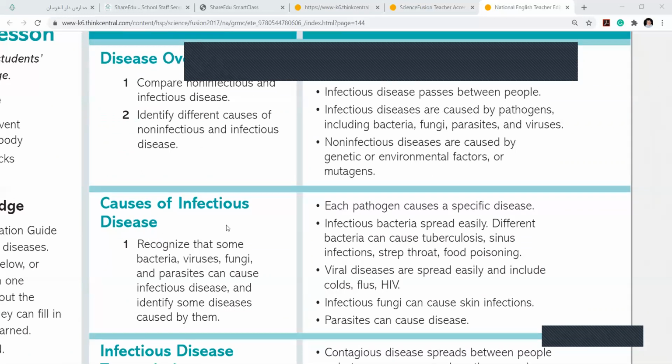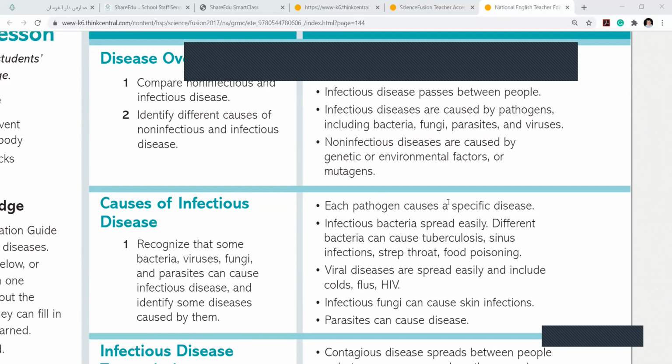Now, this is a summary of what I taught you yesterday. A very short thing. Recognize that some bacteria, viruses, fungi, and parasites can cause infectious diseases and identify some diseases caused by them. Now we will see some names of diseases caused by viruses, fungi, and parasites.